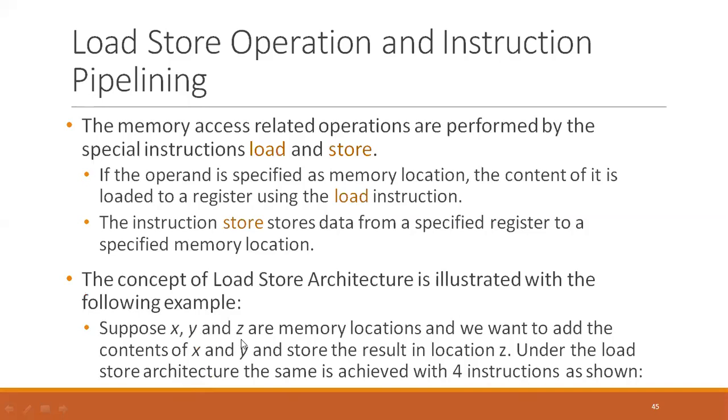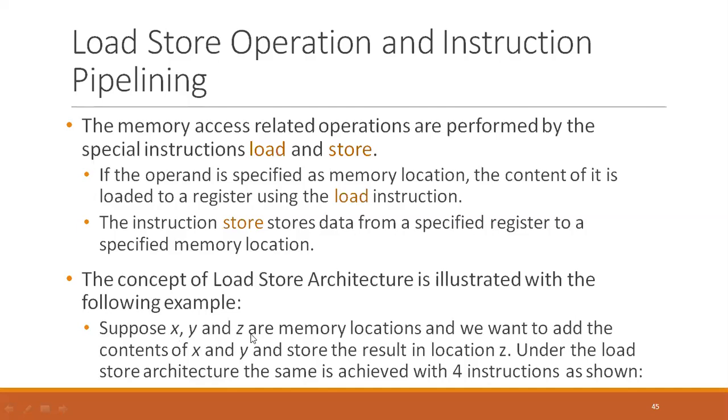The load instruction means you are moving the data from a given memory address into a specified register, and store means you're moving the value or the data from a specified register to a memory location.